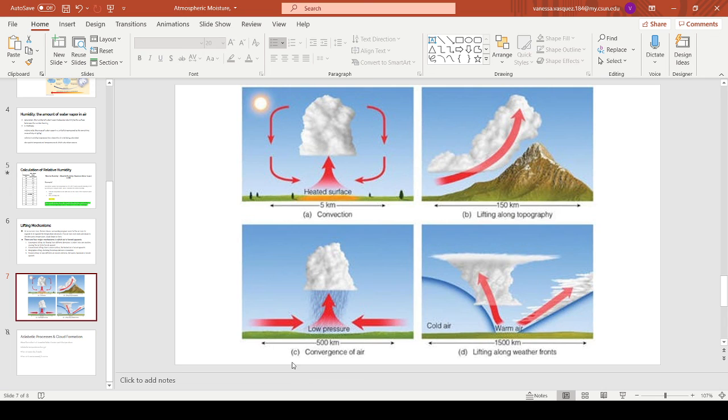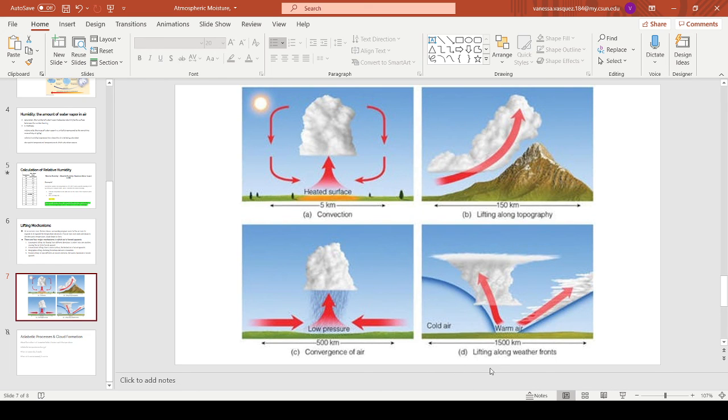The next one is convergent lifting, and this is when you see different directions of air coming together. Right here, they're crashing into one another, and it's forcing the air to rise, and cloud development is forming.